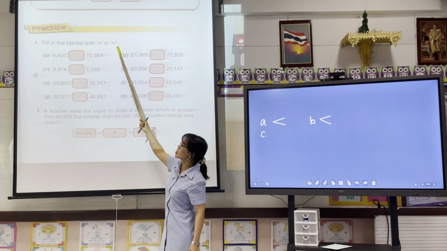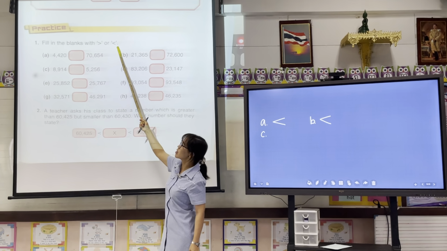Right? Greater than. In letter E, you see the same numbers in the 10,000s and thousands place. 25 and 25. What's next? Proceed with the next place value, which is the hundreds. Sorry. Hundreds. 8 and 7. Of course, greater than.